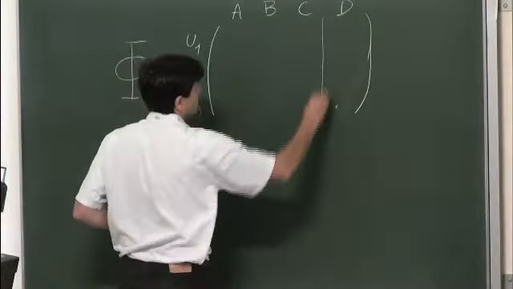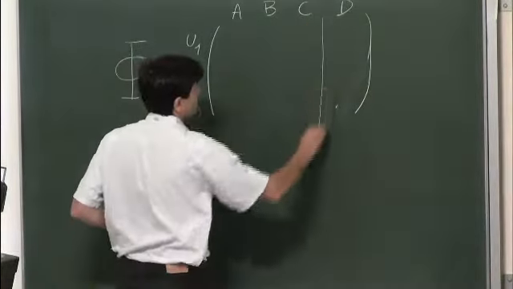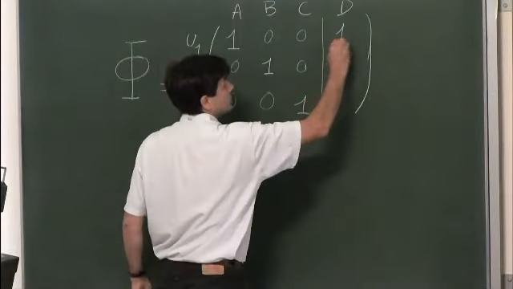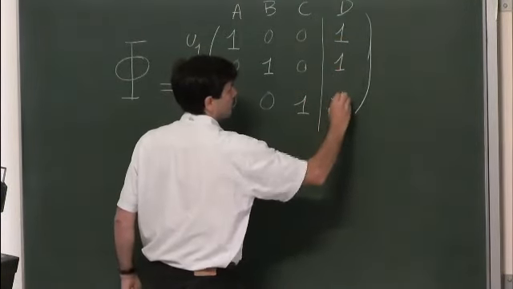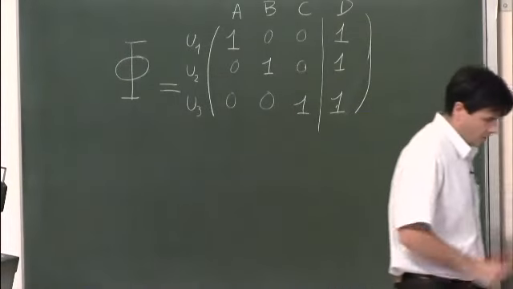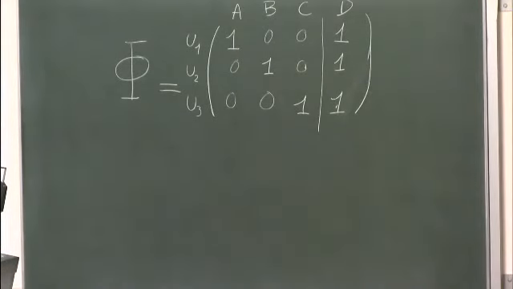So the first part here is the identity matrix. And D is defined as the sum of U1, U2, U3 modulo 2. So the last column is a column of ones. If you have this matrix, you can construct the design.